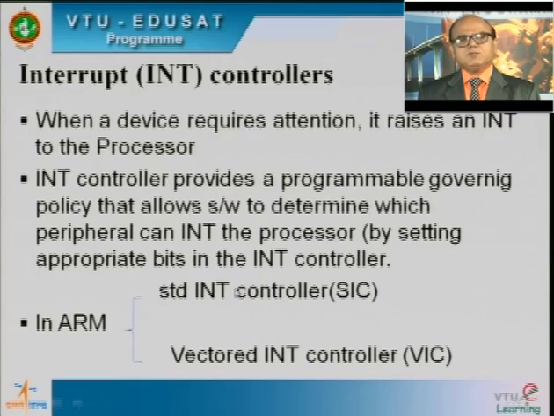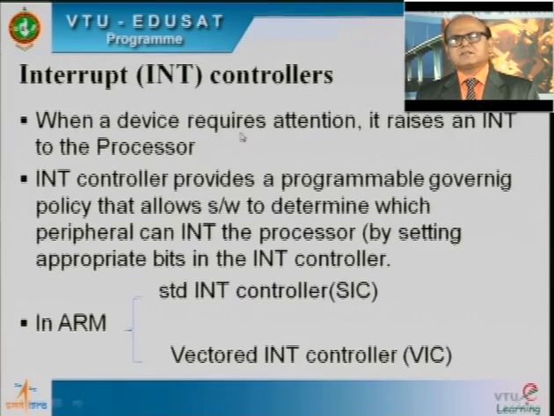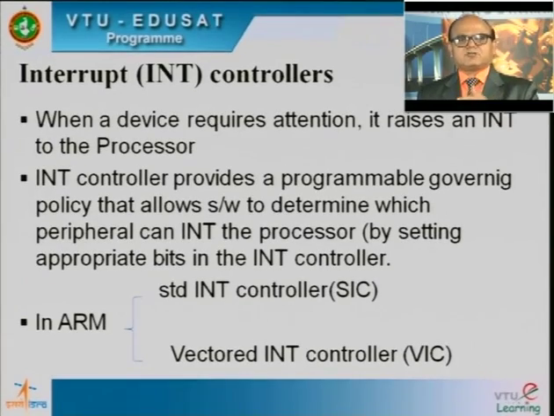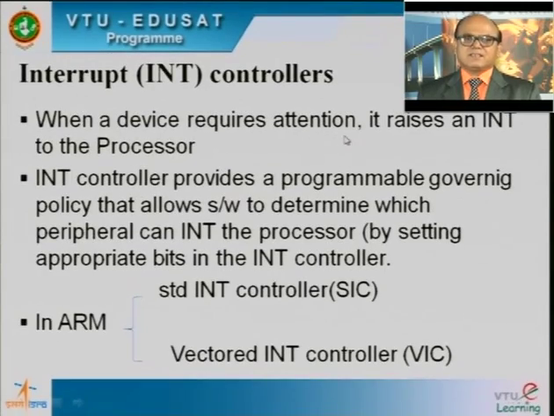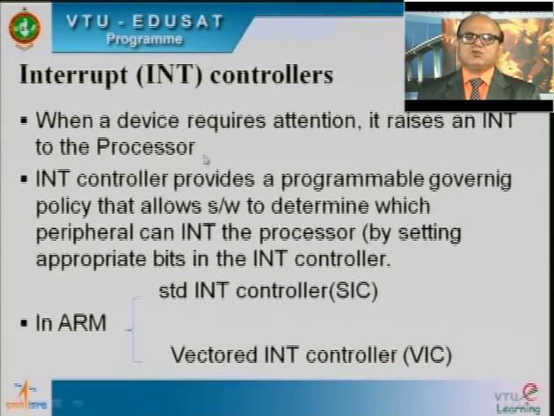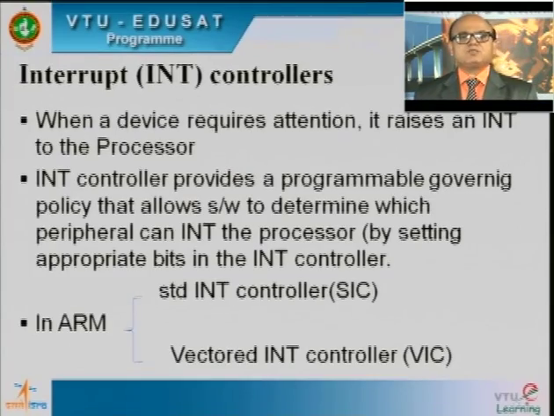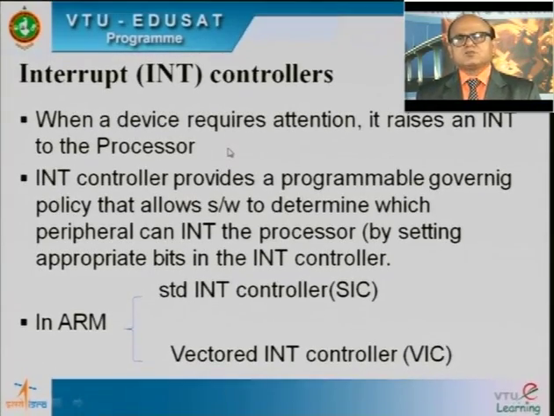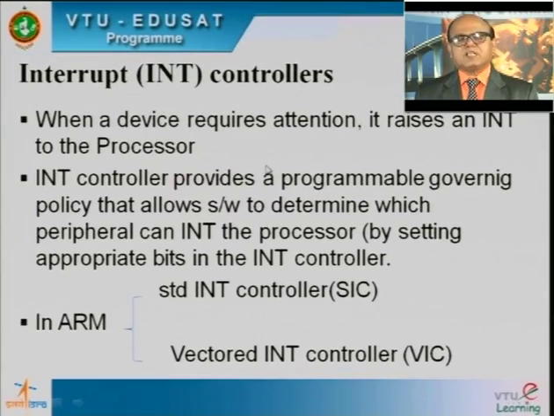Coming to the interrupt controller, interrupts are basically a mechanism to facilitate the device being connected to the processor core. When a device requires attention, the peripheral device will raise an interrupt to the processor core, and once the interrupt is raised, the processor gets interrupted, and a peripheral interrupt handler is to be activated and executed.